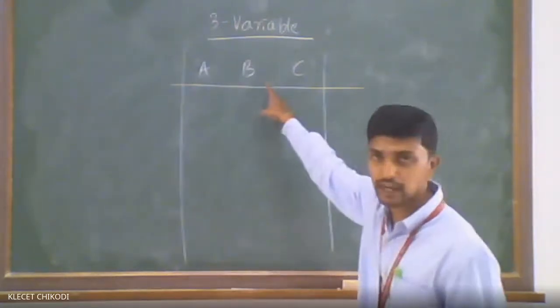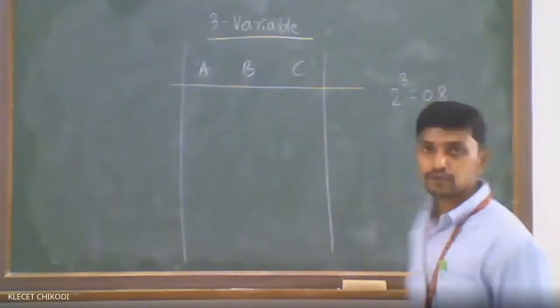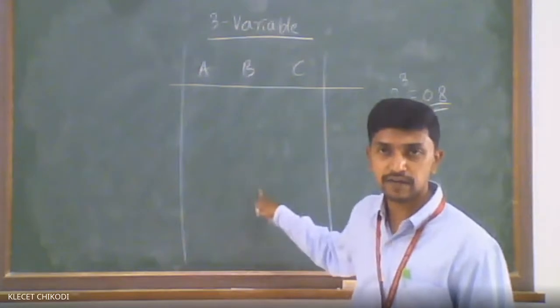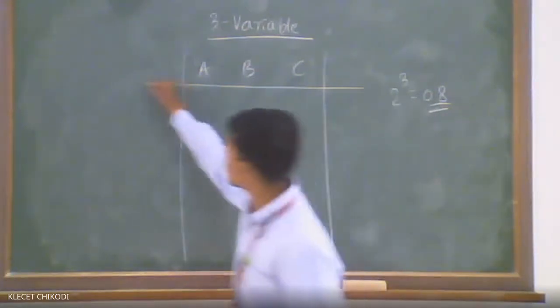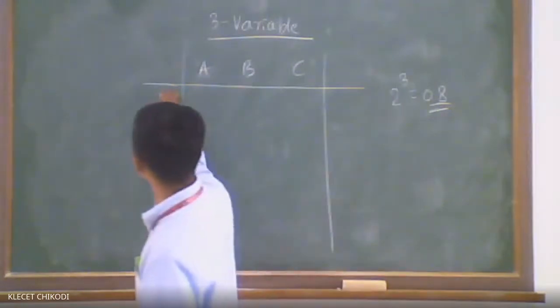Since we have 3 variables, it will be 2 to the power 3, total 8 input combinations in the truth table. Now, what are the decimal equivalent numbers we will get? It will be from 0 to 7.